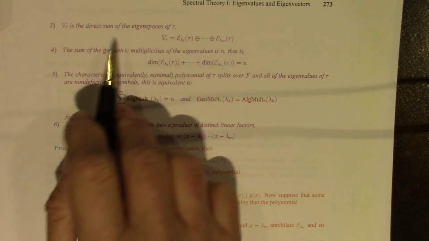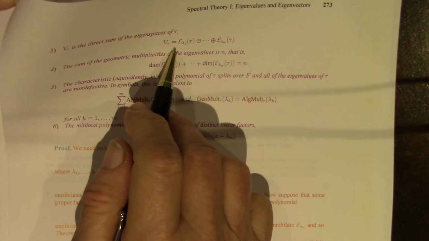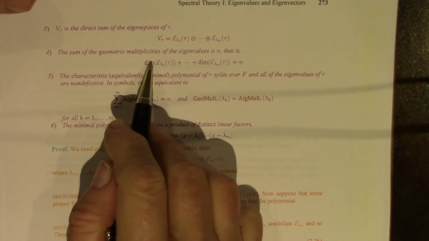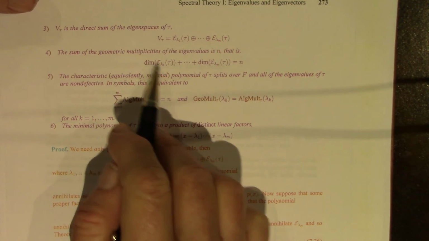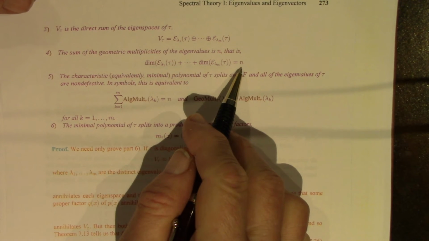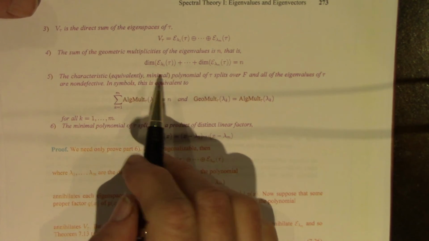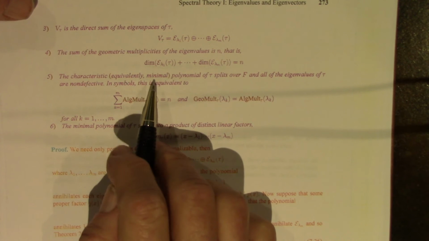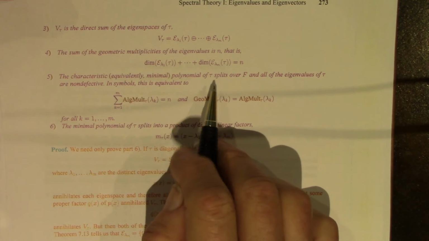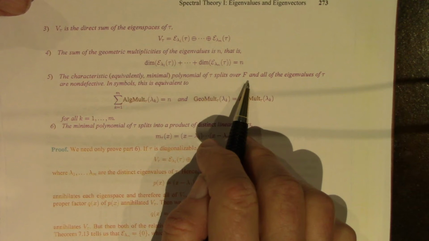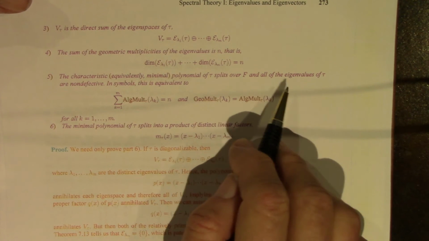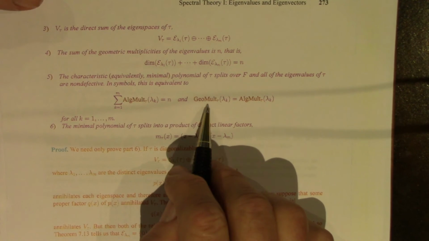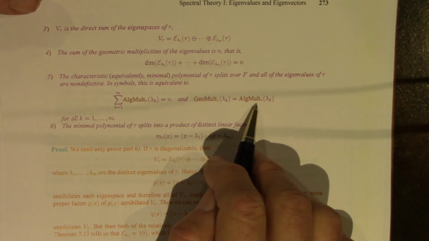V is the direct sum of the eigenspaces of tau. The sum of the geometric multiplicities is equal to the dimension of the space. The characteristic polynomial, and now we know also this will apply to the minimal polynomial, splits over F. And all of the eigenvalues are non-defective, meaning that their geometric and algebraic multiplicities are the same.